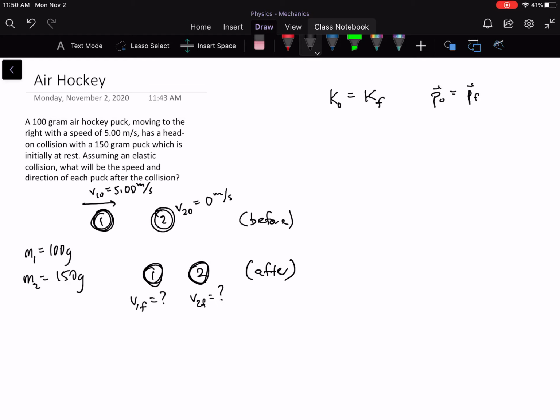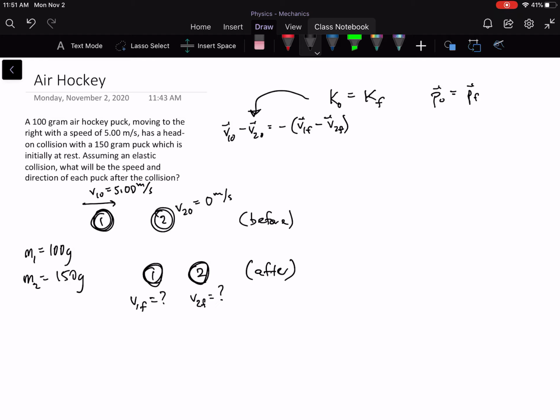But we also have one other condition that derives from combining these two, which is that their relative velocity before has to equal the magnitude of their relative velocity after, albeit opposite direction. So if they're approaching to begin with, they're going to be receding from one another to end with. And if we look at that, that is initially very tempting. We want to know about the velocities, but we don't know either of the final velocities.